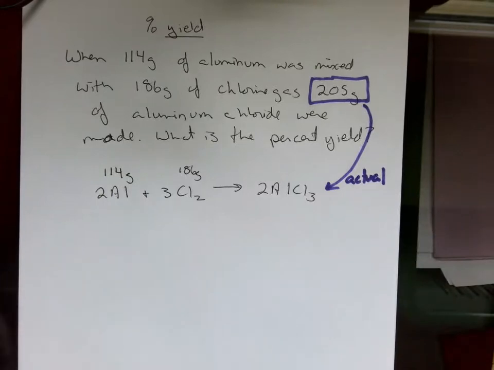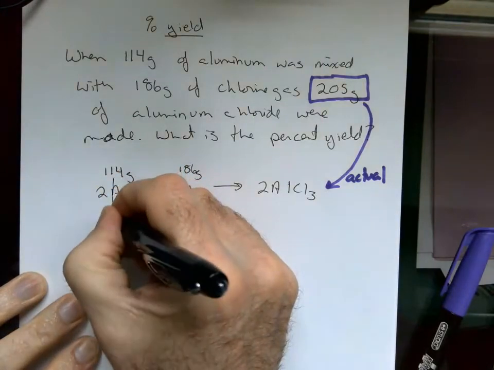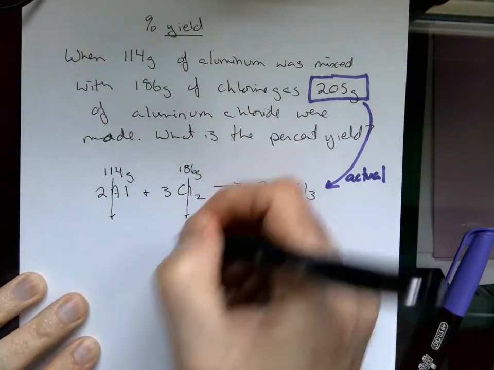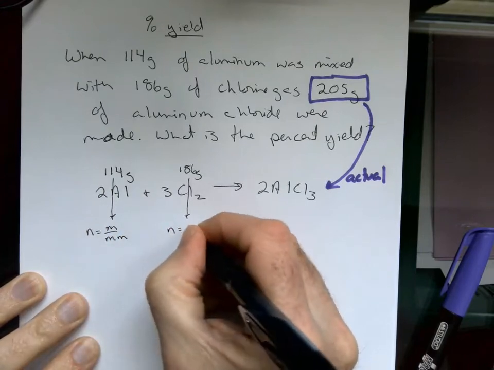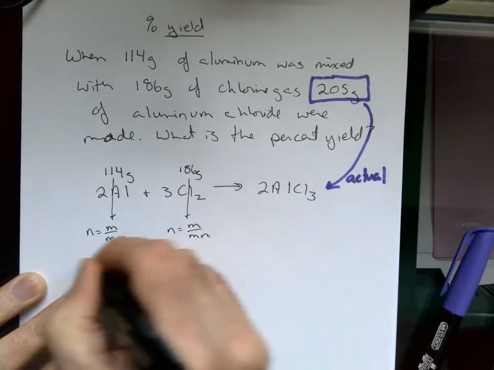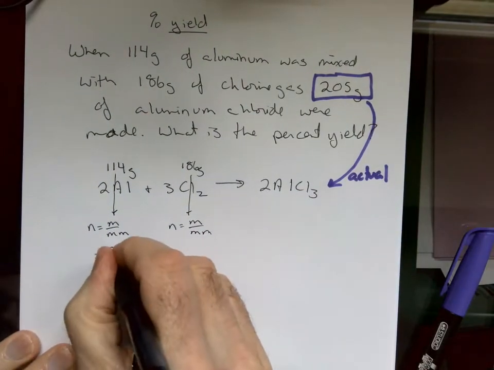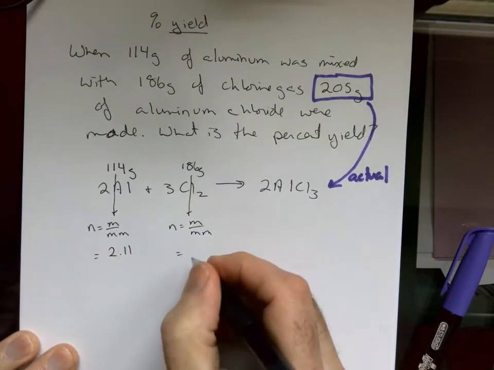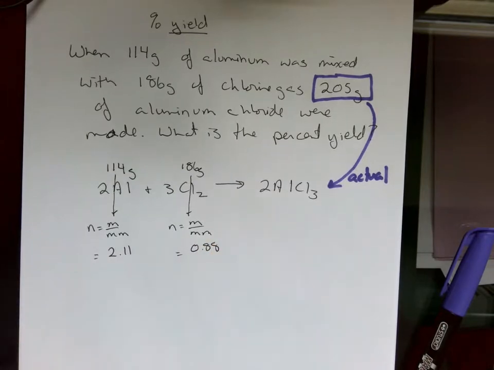So to get the theoretical yield, we have to go through a limiting reagent problem. So we have to take these masses here and we have to change them into moles. Now I did this in the last video, so I'm going to quickly go through here. And we find that we make 2.11 moles of the aluminum and 0.88 moles of the chlorine gas.